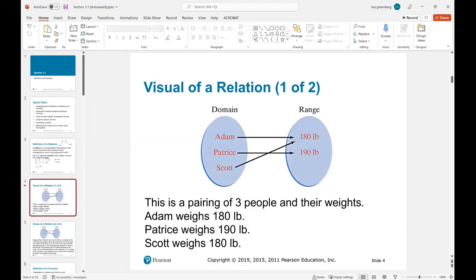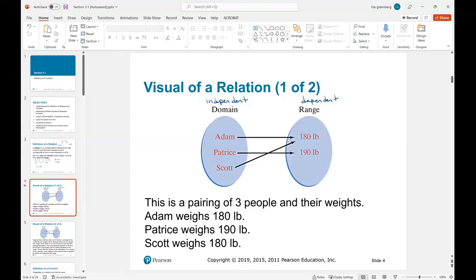Okay, so now here's a visual representation of a relation. On the left, we have the domain, and on the right, we have the range. And we call this really the independent variable, and we call this the dependent variable. Sometimes I'll refer to it like that, and sometimes I won't, but that's another way to talk about them.